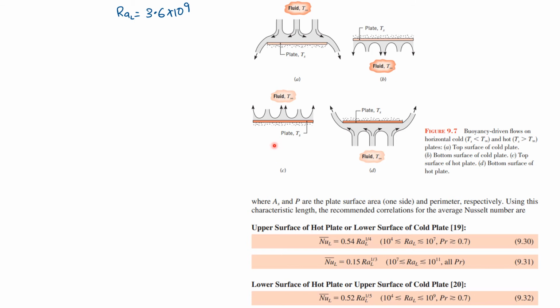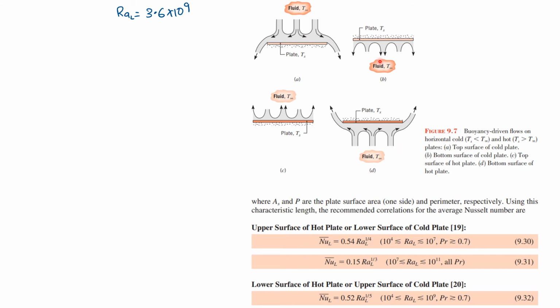And in that case, your currents will look something like this. The next scenario is when your top surface is hot and your surrounding is cold. So this is the scenario that we have right now. Our top surface is hotter than the surrounding, and that's how the currents will look. And the last scenario is if your bottom surface is hotter than the surrounding.